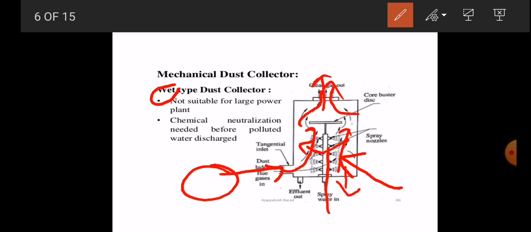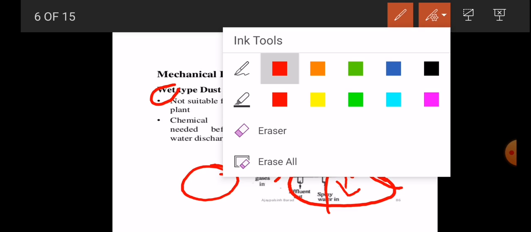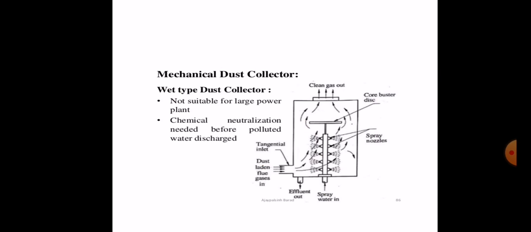This type of wet dust collector is not suitable for a large power plant. The water gathered in the downward direction needs chemical neutralization before the polluted water is discharged. So this is the wet type dust collector.